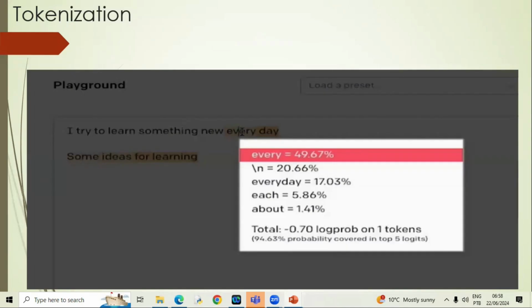And if it finds the maximum number, let's consider 52% probability to be blue, it will answer blue. Okay. Now, I'll put the question in more detail.